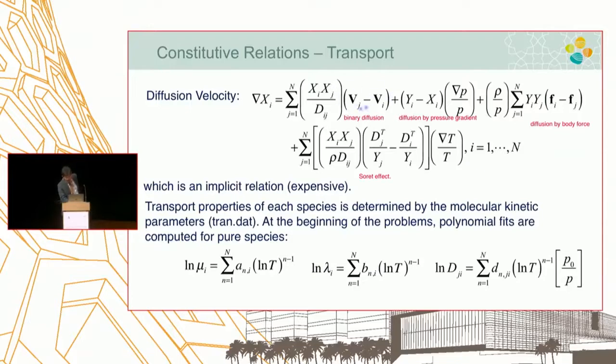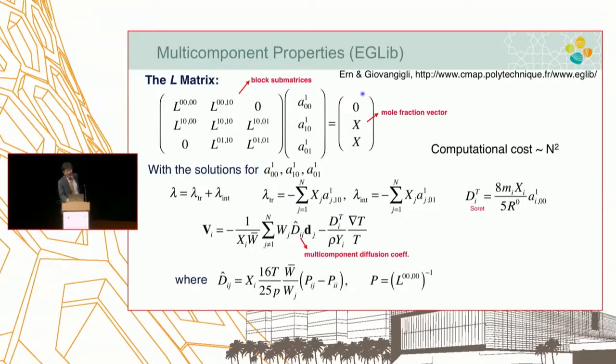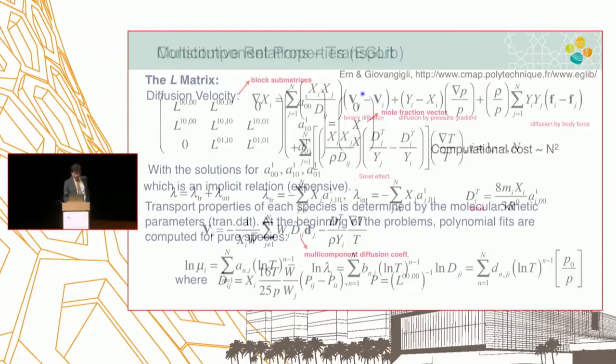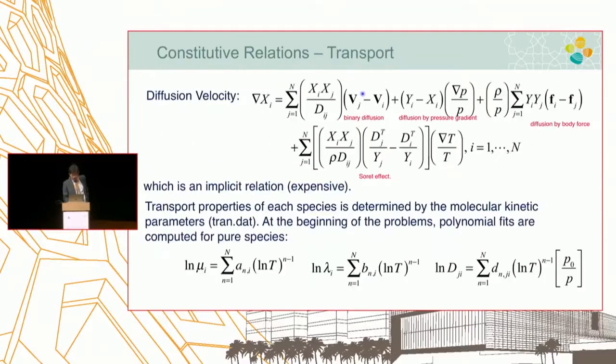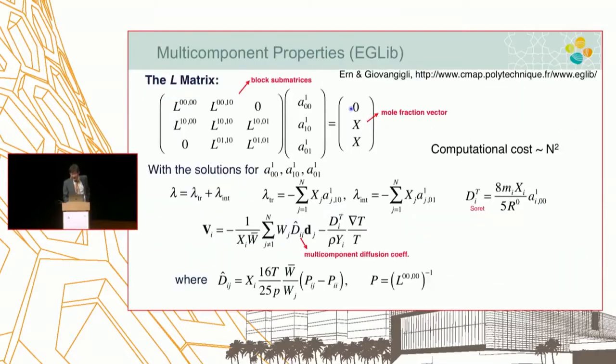Back to the point, the diffusion velocity calculation is not cheap, especially when you want to do it rigorously. One of the most rigorous ways of doing it is to determine all these binary diffusion coefficients and invert the matrix. That is often called the L matrix, and this is a rigorous way of doing it.